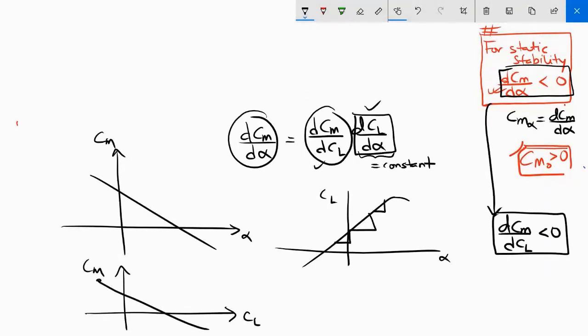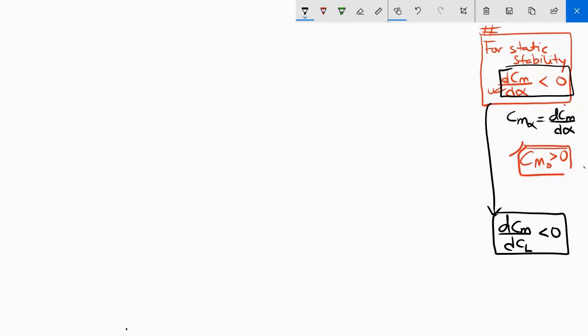When you solve a problem, if you do not have the information to calculate the derivative of moment coefficient with respect to the angle of attack, you could also calculate the derivative of moment coefficient with respect to the lift coefficient. And if you find that to be less than 0, then also you could conclude that the aircraft is statically stable. Each component of the aircraft affects its stability characteristics. The aircraft as a whole has a stability characteristic, but that can be determined by adding the contributions from each component.